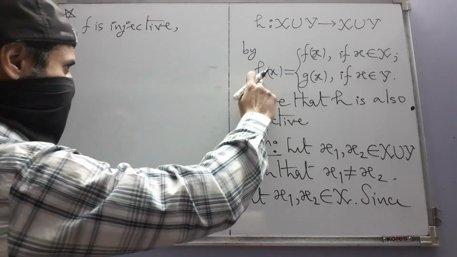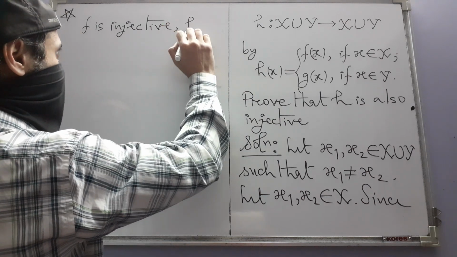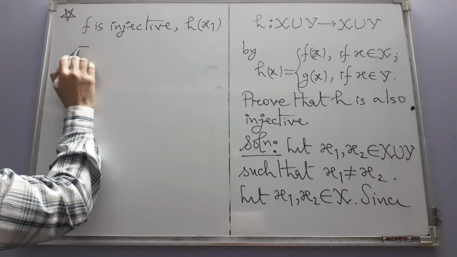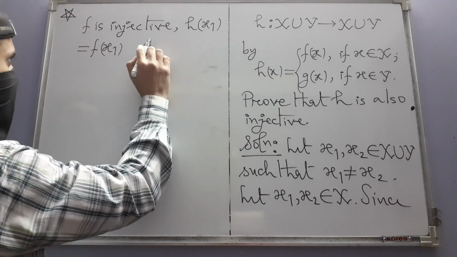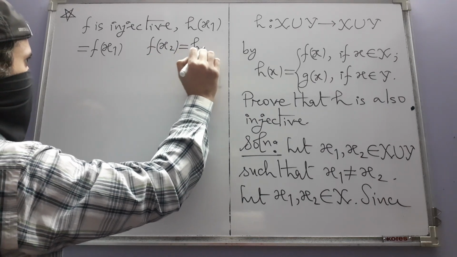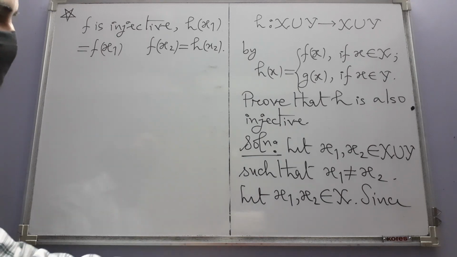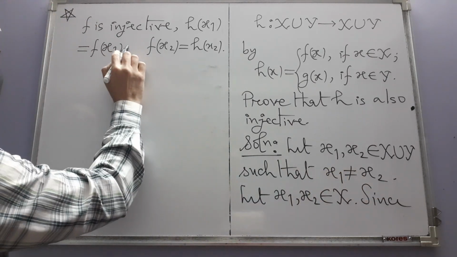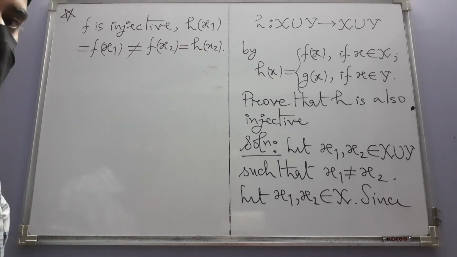However, by definition, those are also the h images. That's why we can at once write h of x1 is equal to f of x1 and h of x2 is equal to f of x2. But injectivity of f and distinctness of x1 and x2 implies that these two are distinct, and that way the h images are also distinct.